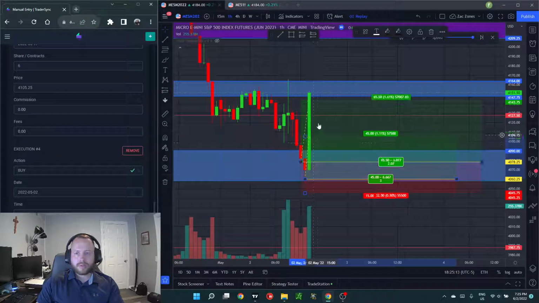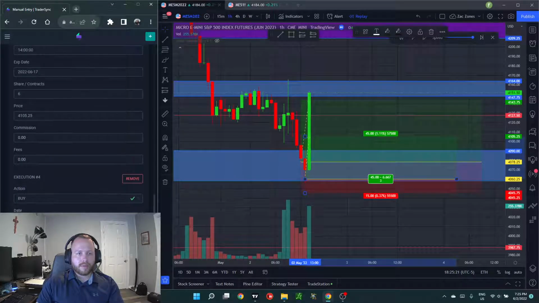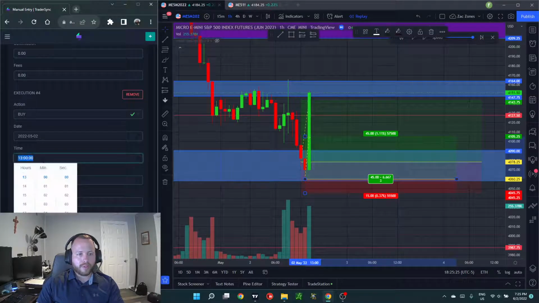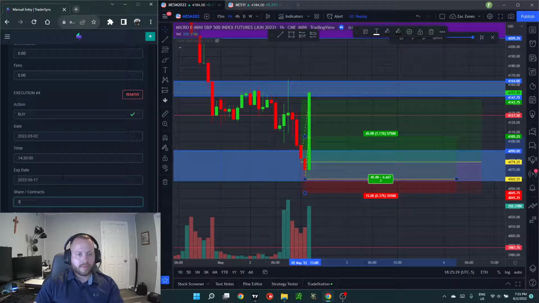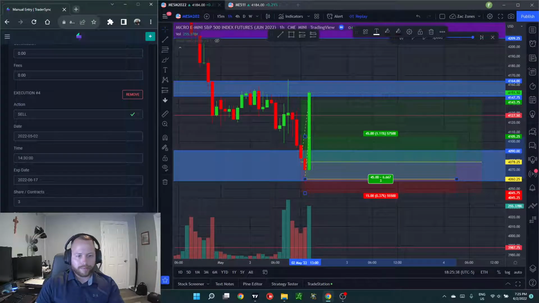At execution, we are selling 3 contracts at, I said it was 1400, so I'm going to call this one 1430. Selling 3 contracts for a price of 4144.